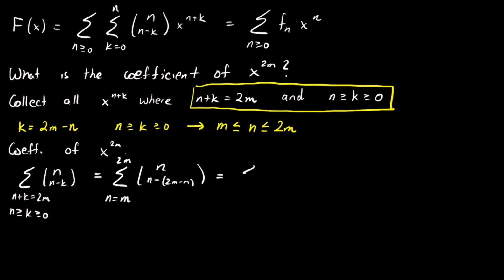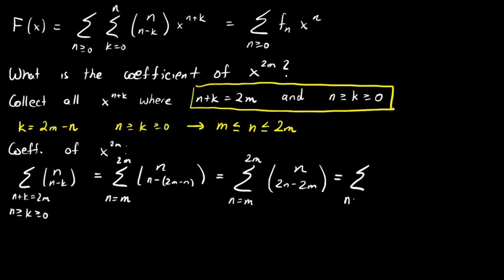Okay, so I have the sum. Let's clean this up a little bit. This is n choose 2n minus 2m, where n goes from m to 2m. And we're almost there. So this is going to be my coefficient of x to the 2m. Okay, so we can clean this up just a little bit more.